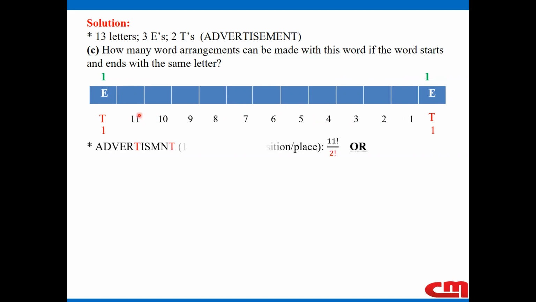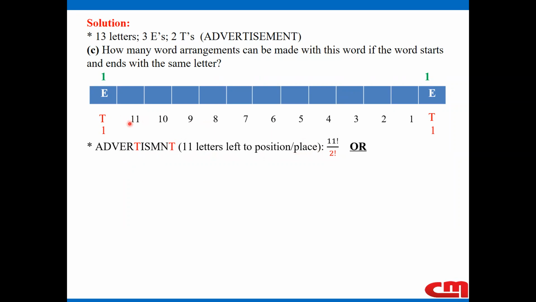But let us understand something. If we are considering the situation where we have the E starting and ending, right? Then those E's are removed and I'm remaining with only one E, right? But the T's are still there and they are repeating, right? So we are simply saying 11 letters left to position or place.